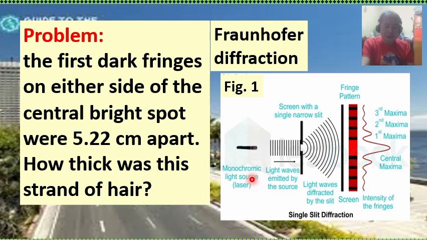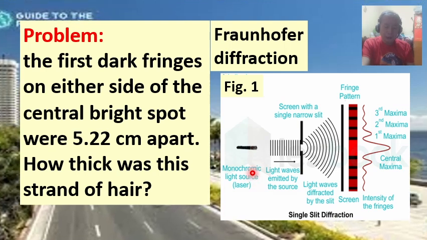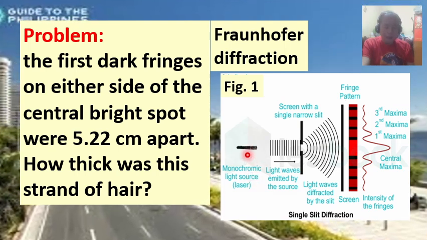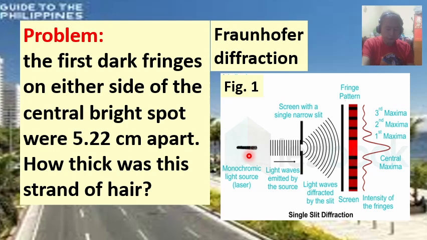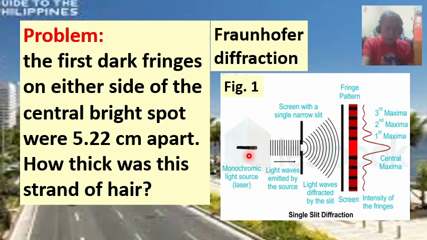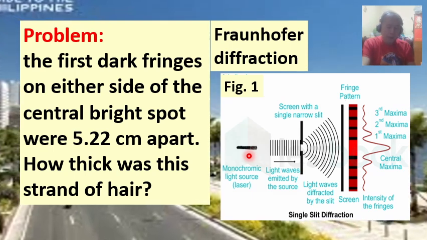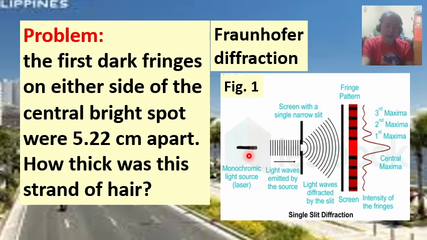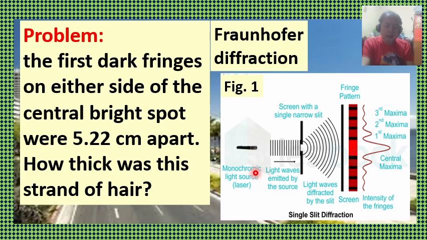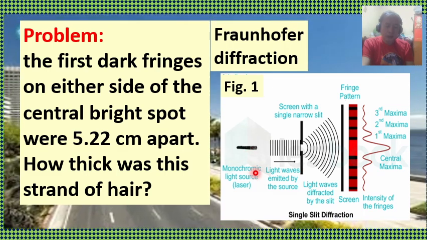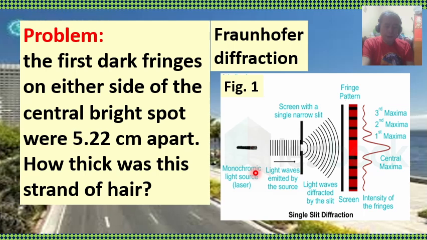So, as illustrated in figure 1, the type of light diffraction that we are going to discuss is the so-called Fraunhofer diffraction.